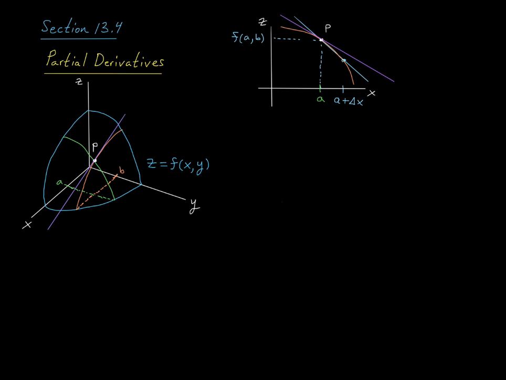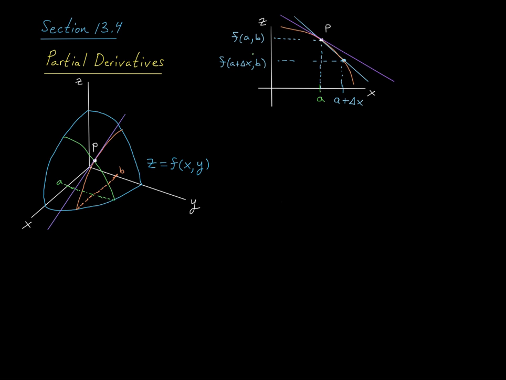Now for this other point, we're again just changing x. As we move along orange, y is always fixed to be b. So this would be f of a plus delta x, but y is still just b.